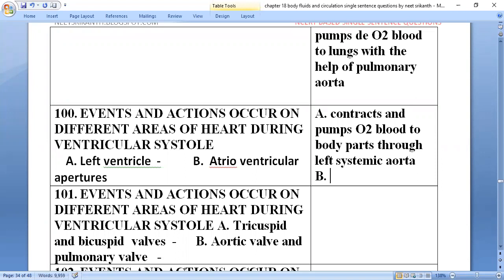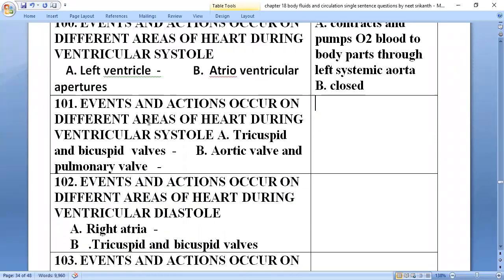Next, what about the atrioventricular aperture at this time? During ventricular systole, the atrioventricular apertures need to be closed, by creating the sound called lub. Events and actions occur in the different areas of the heart during ventricular systole. We are continuing here: tricuspid valve and bicuspid valve.